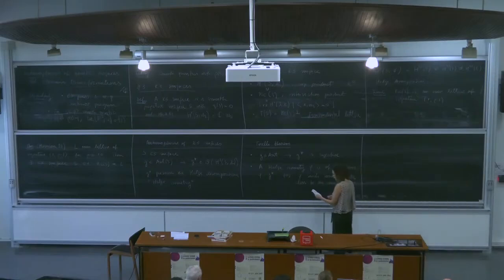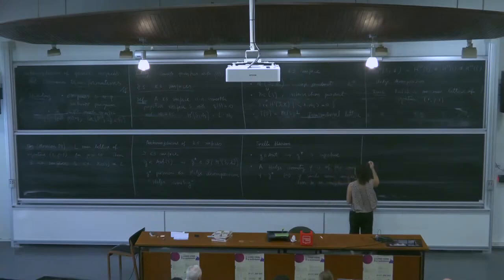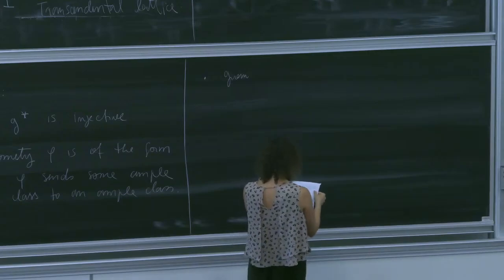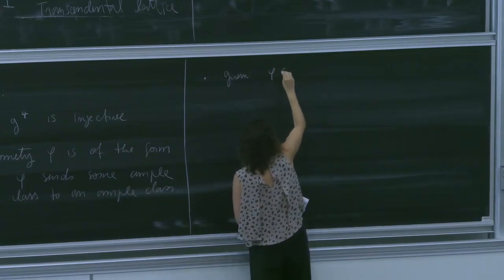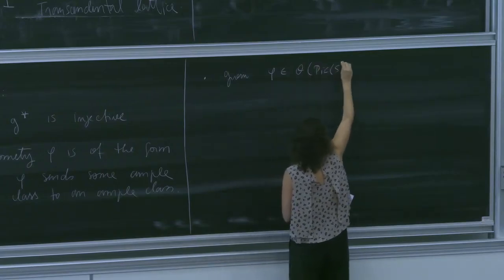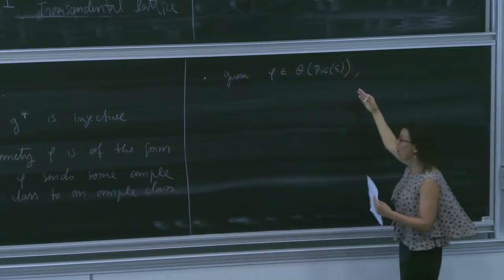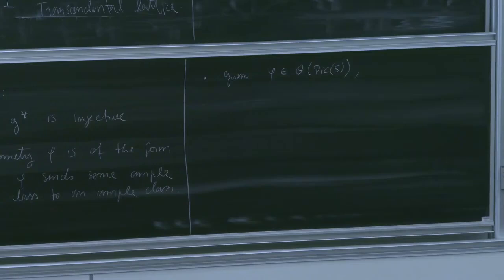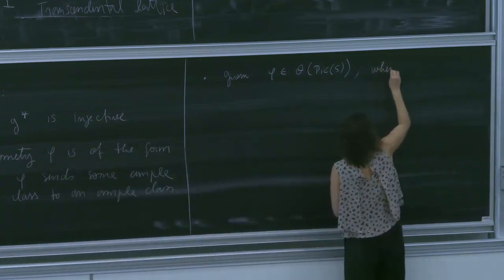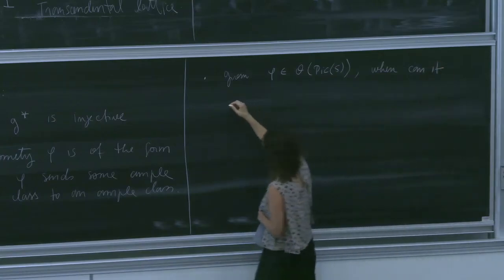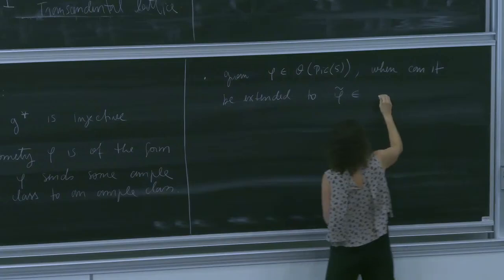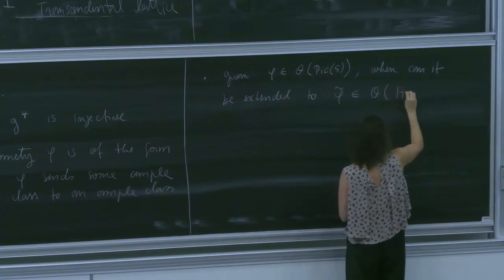So given some isometry of the Picard lattice, we want to understand when it can be extended to an isometry of the whole K3 lattice.